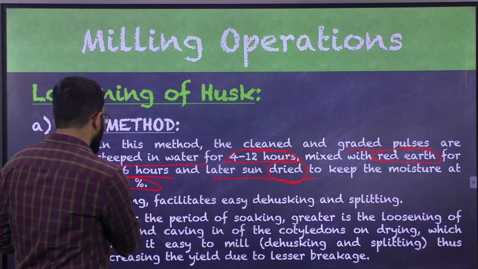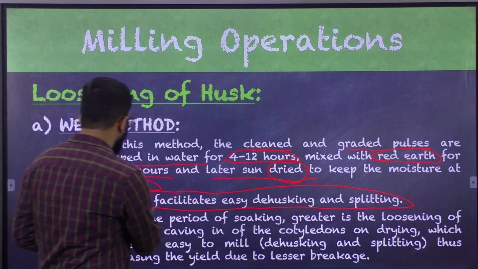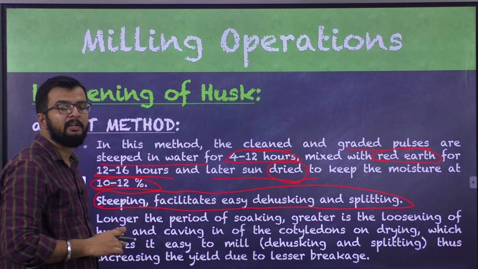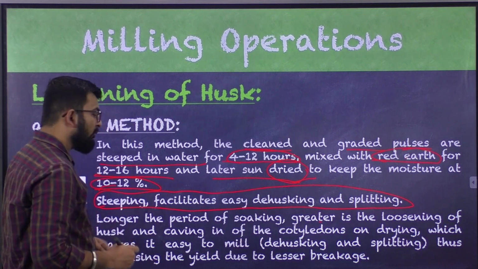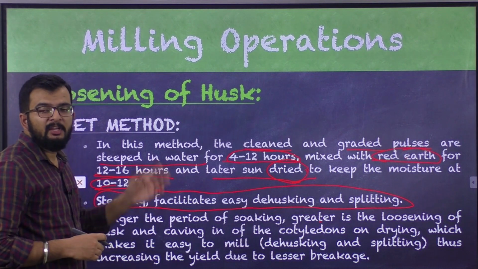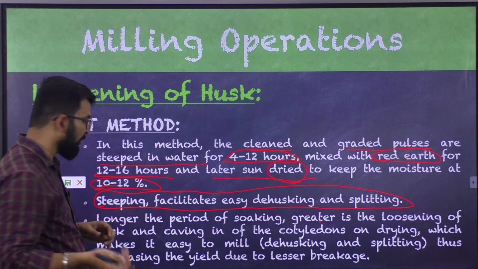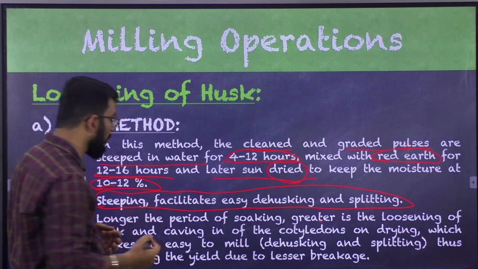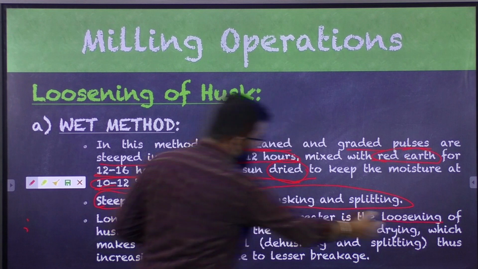Steeping facilitates dehusking and splitting. When you are soaking the pulses in water, water penetrates into the grain, which makes it easier to remove the husk. The longer the soaking period, the greater the loosening of the husk.